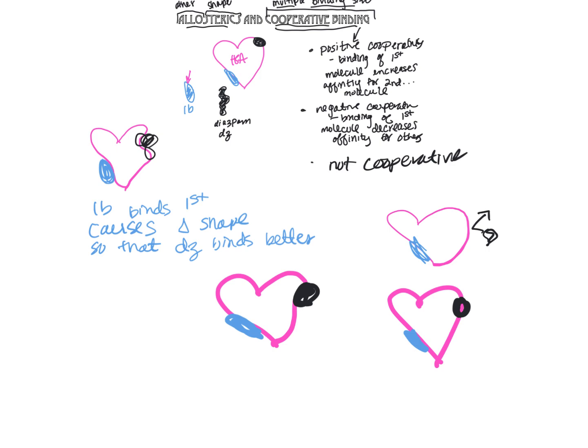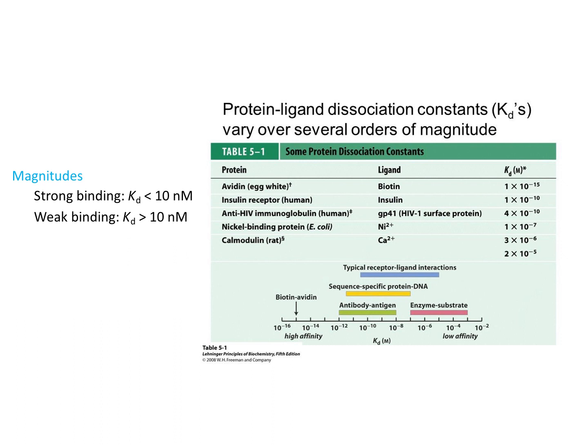So I think that is, oh wait, no, one little last thing, just a note about KD. The magnitude of KD does matter, and stronger binding, stronger KD is in this range right here, and weaker binding is here. Here's some examples of human protein receptors, and then their ligands and their KDs.